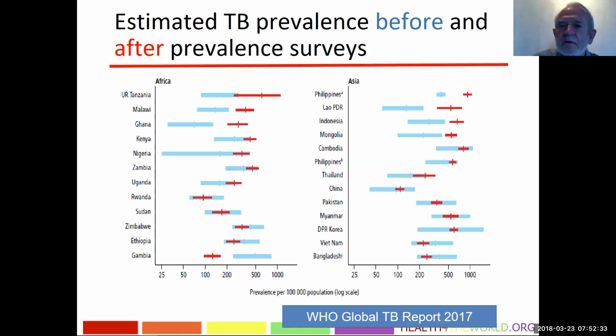Likewise with Laos, Indonesia, the number of cases in Indonesia is about 3 times higher than previously estimated, and so on down the list there. In some instances, the prevalence surveys showed that the number of cases was actually very close to the previous estimates, but what is quite striking is the number where the actual measured prevalence from the survey was quite substantially higher than the previous estimate.